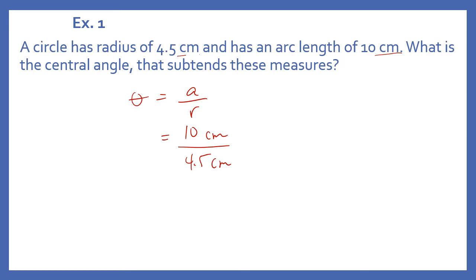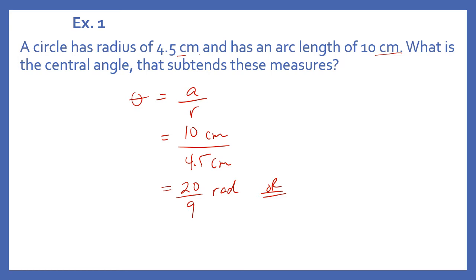I would really like us, for 12U students, to keep things in terms of fractions, unless it's a nice decimal, which 2.2222222 is not. So I'm going to write that as 20 over 9 rad, for radians. That would be an exact answer.